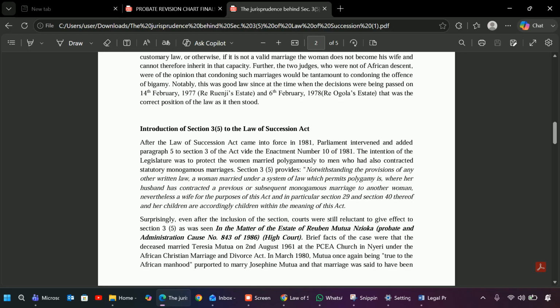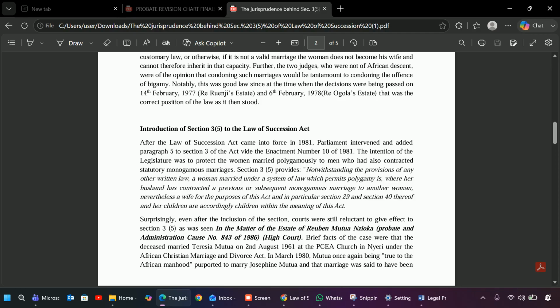Section 35 provides that, notwithstanding the provisions of any other written law, a woman married under a system of law which permits polygamy, where her husband has contracted a previous or subsequent monogamous marriage to another woman, is nevertheless a wife for the purposes of this Act, and in particular Section 29 and Section 40 thereof, and her children are accordingly children within the meaning of this Act.